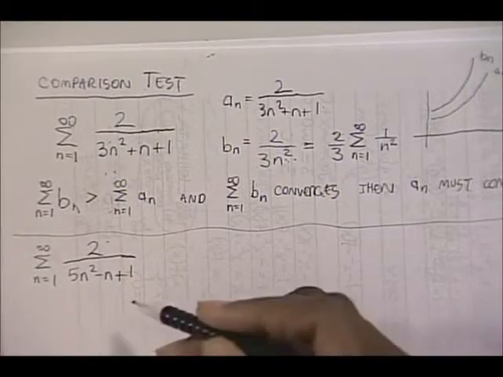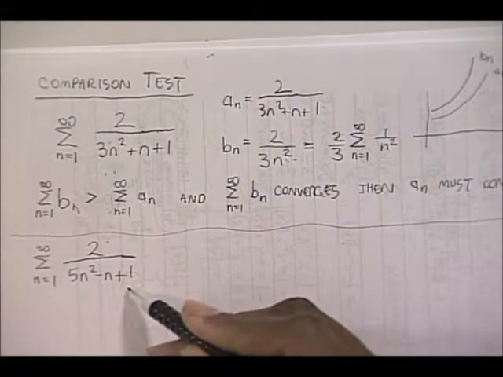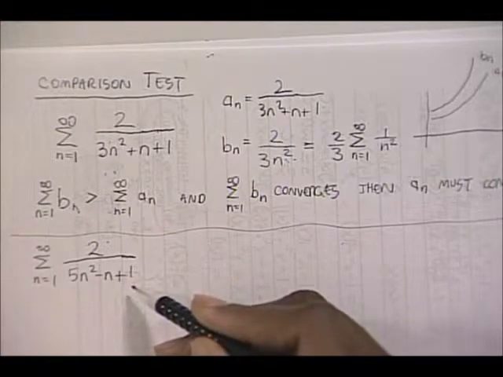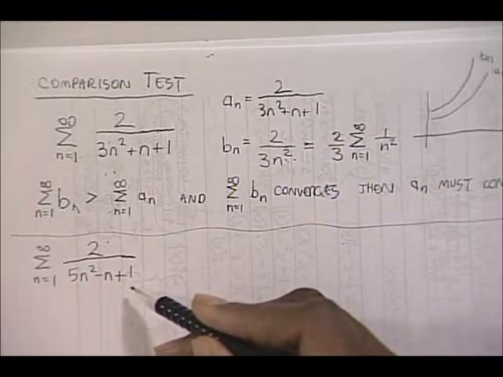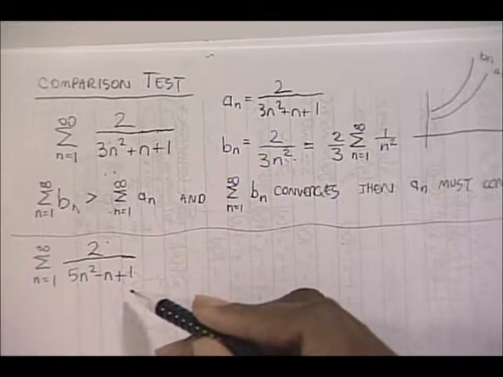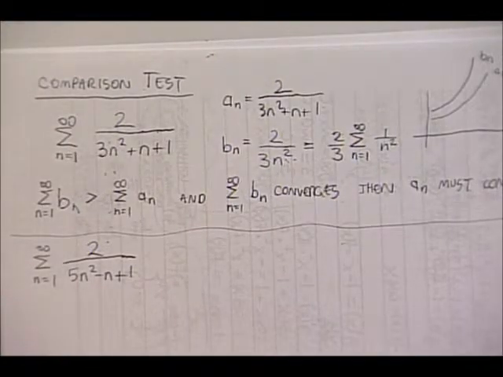The directions, you don't see the directions, but the directions here say use a limit comparison test. The limit comparison test is on page 576 in my textbook.